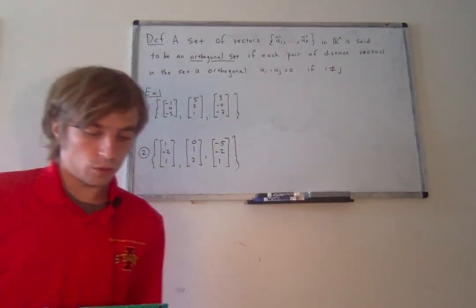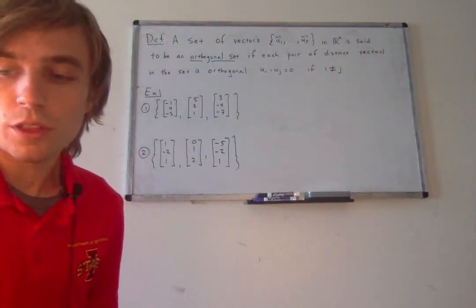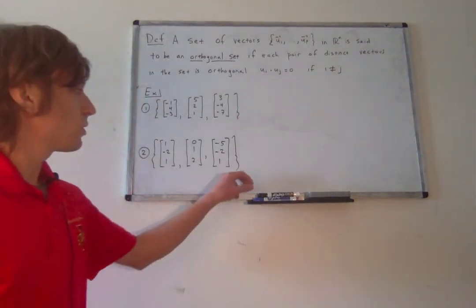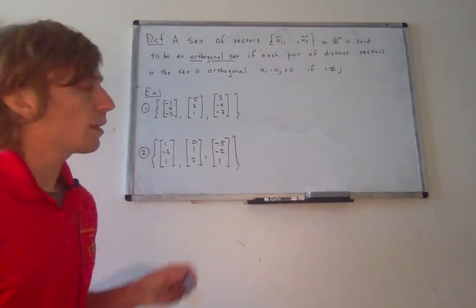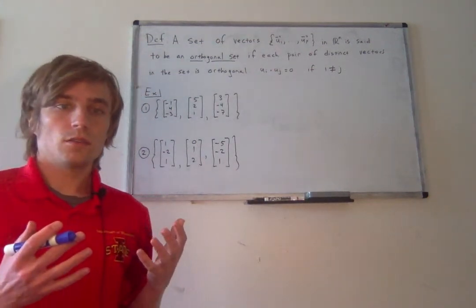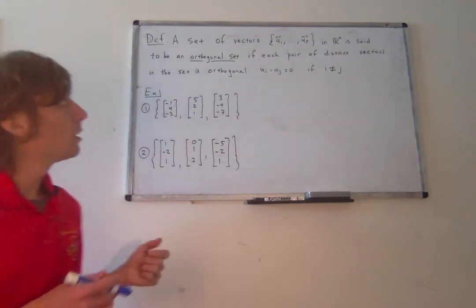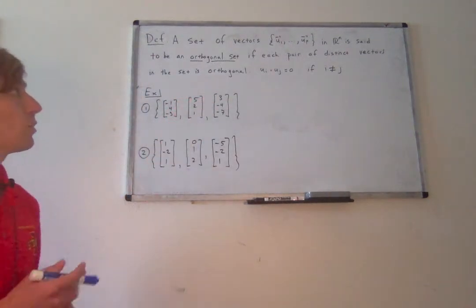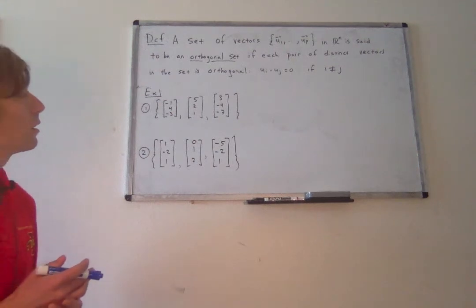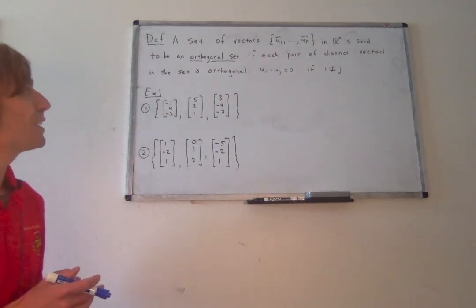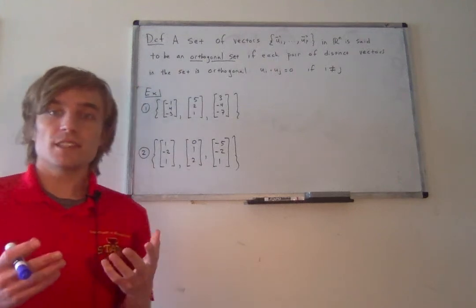But right off the bat, I want to introduce a new definition called an orthogonal set. This is one of those nice definitions in math that basically describes exactly what you think it should describe. We say a set of vectors u1 through up in Rn is an orthogonal set if each pair of distinct vectors in the set is orthogonal.